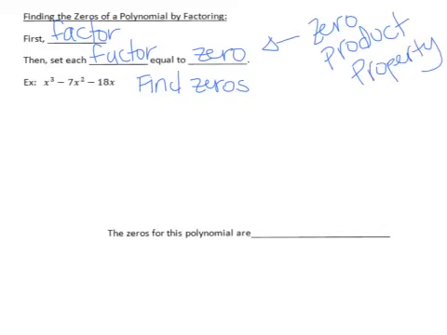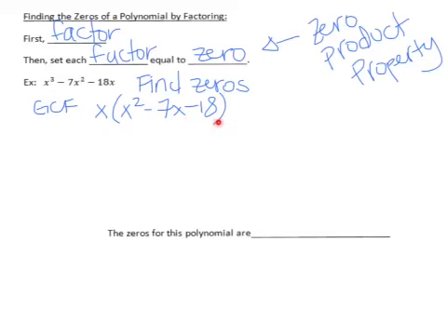Alright, so first factor, our first step of factoring always is GCF. So our GCF here is x. If I take out an x, I'm left with x squared minus 7x minus 18. Now, what's left inside, we can still factor. We have this trinomial here, and it's of the form x squared, x, and then a constant.